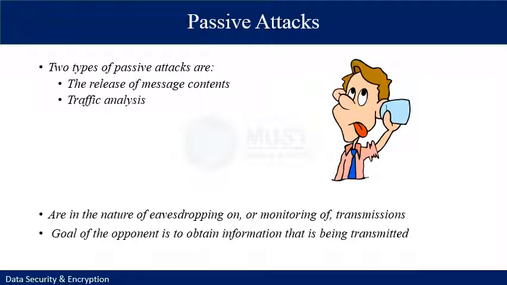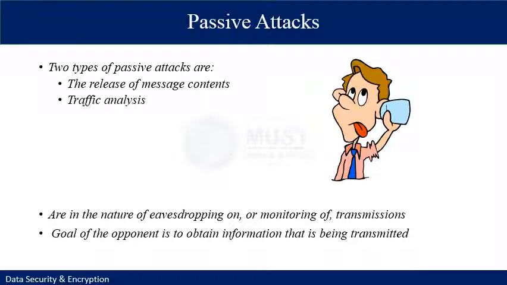For example, if you make a telephonic call or an electronic communication, such as a video call or email messages, or if you transfer a file containing sensitive information, we would like to prevent any attacker from learning the contents.